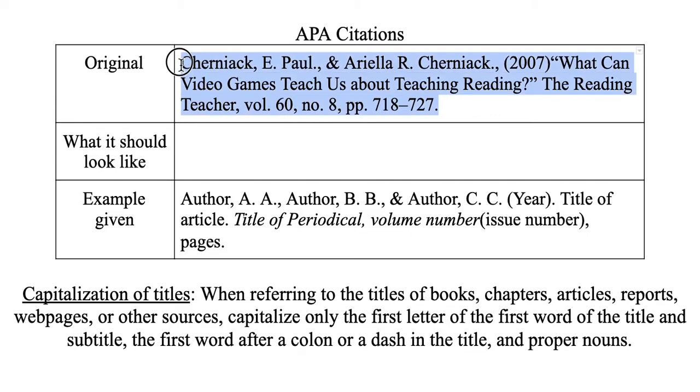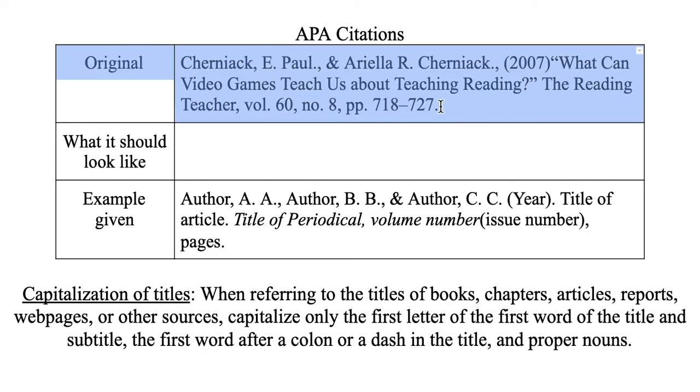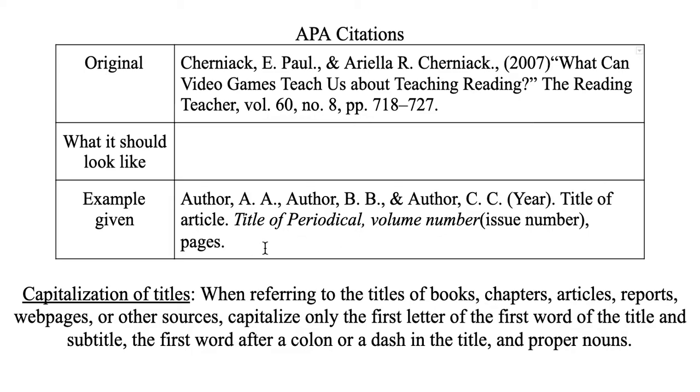So here I have the original citation that I pulled from someone's worksheet, and this is the example that was given at the top of the paper. I'm going to show you what you should be doing to check your citations.